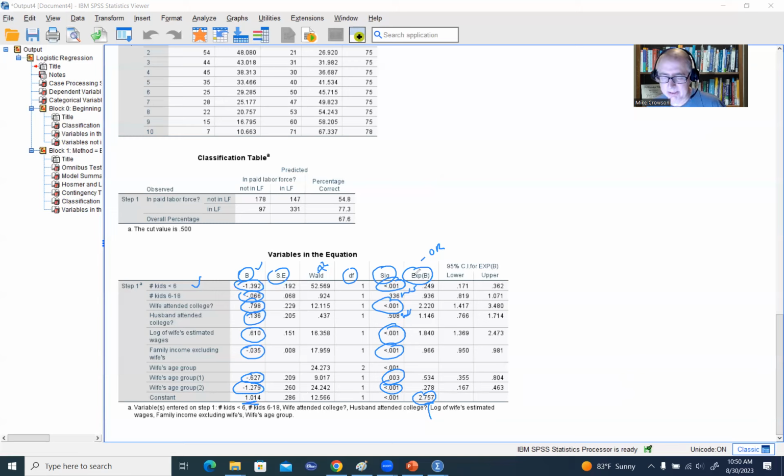And to keep things as simple as possible, just think about it this way, that an odds ratio of 1 basically indicates no systematic predictive relationship between a given predictor and the odds and ultimately the probability of being in group 1.